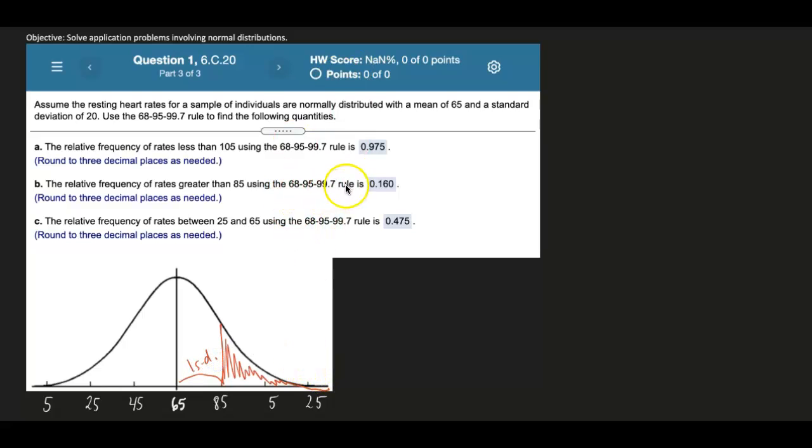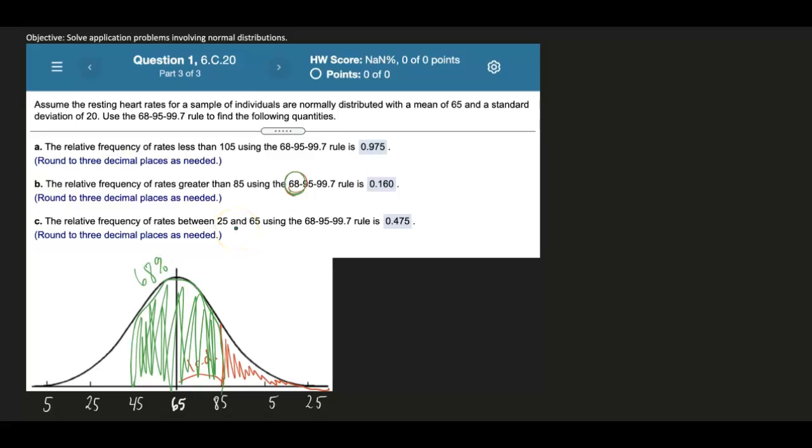So when I refer to this rule, I'm using the first number in that rule, which tells me the area within 1 standard deviation of the mean. So it's actually given me this piece here in green, that this is 68%.